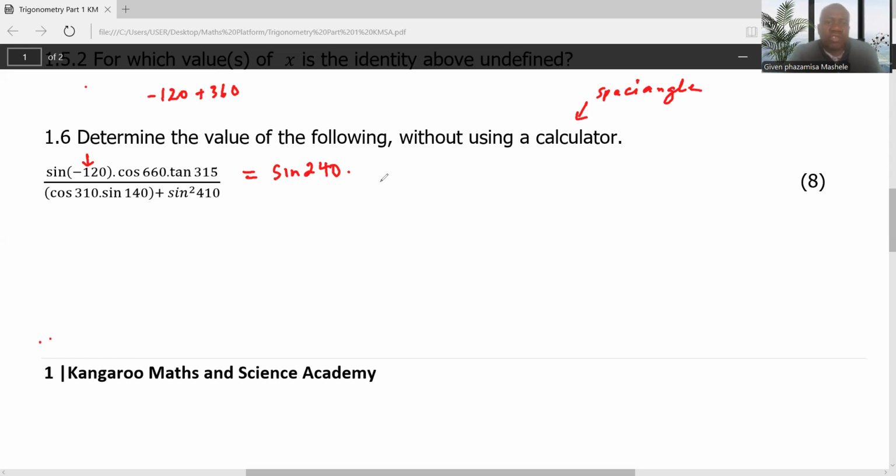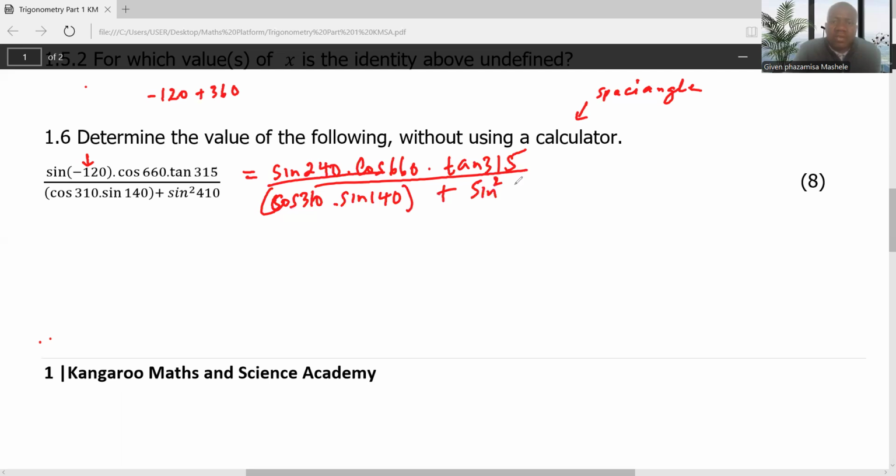So it's sine 240, cos 660, tan 315. Without using a calculator, in brackets, cos 310 multiplied by sine 140 plus sine squared 410.